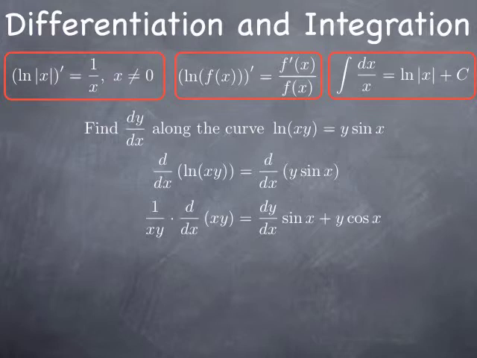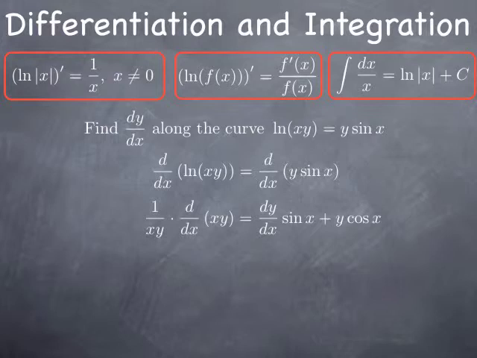On the right-hand side, I have a product of the function y with the function sine x, and I differentiate that with respect to x. So I use the product rule. Derivative of the first factor y just gives me this derivative of y, dy over dx, that I multiply by the second factor unchanged, just sine x. Then I have y multiplied by the derivative of sine x, which is cosine x.